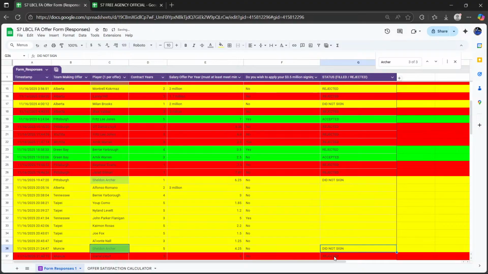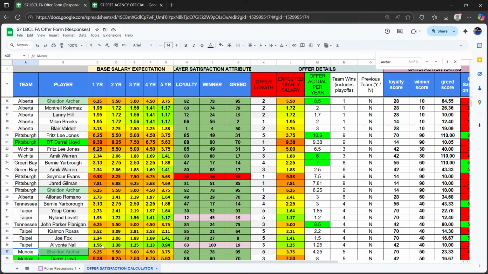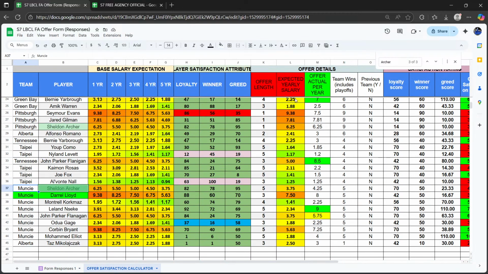All right. Alberta's Alfonso Romano. 70 greed, 29 winner. So he's not going to put the most weight on Alberta being a crap team. 49 loyalty, it's kind of neither here nor there whether it's really long.